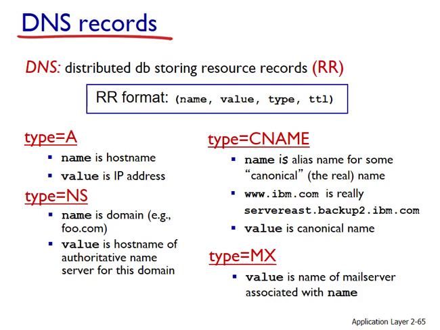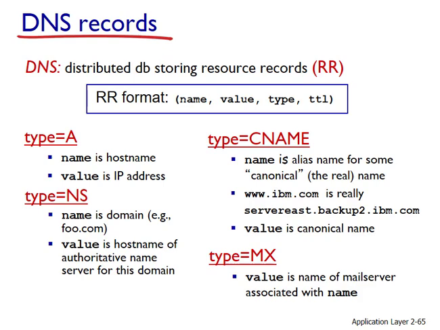A resource record contains the following fields: name, value, type, time to live. Time to live, TTL, is the time to live for the resource record. It determines when a resource should be removed from cache. In the example records given next, we'll ignore the time to live field.